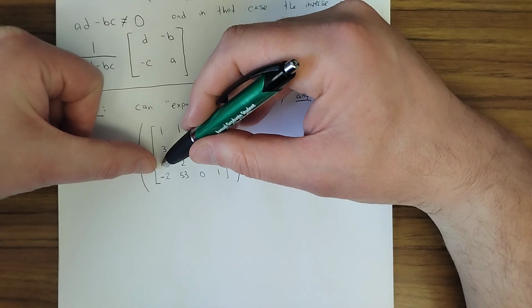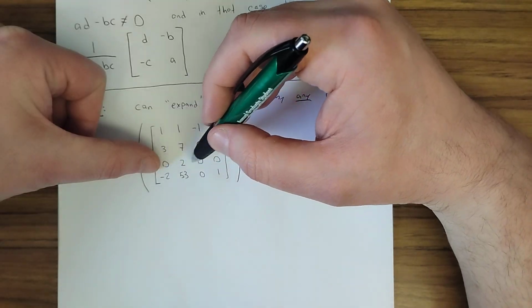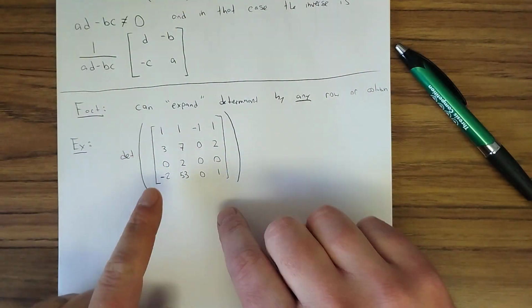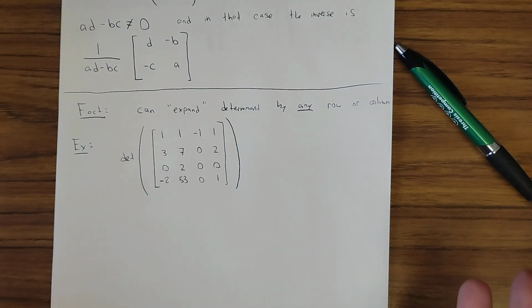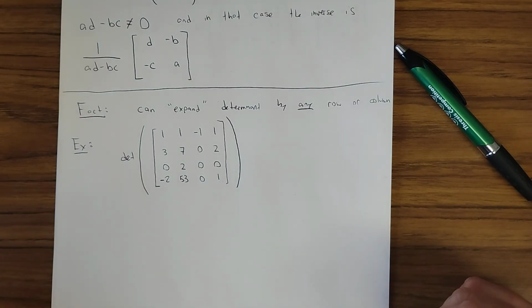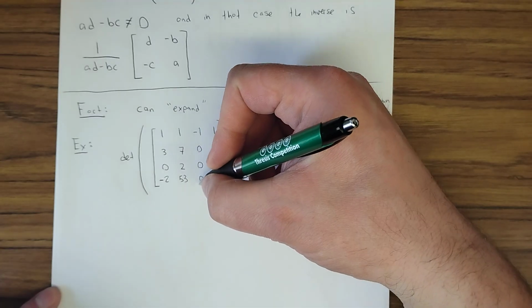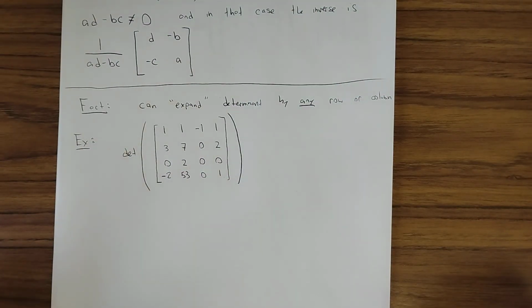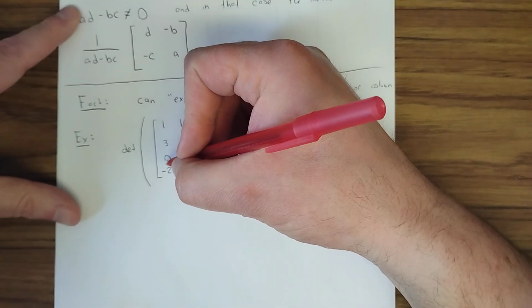If I went across this row, that would be better because it has a bunch of zeros. If I'm doing 0 times this determinant, I don't really have to do the determinant because it's times 0. So we choose a row or a column with a bunch of zeros, and here we actually have both, because this is a column with a lot of zeros. So I'll just pick something to do. Maybe I'll choose the row.